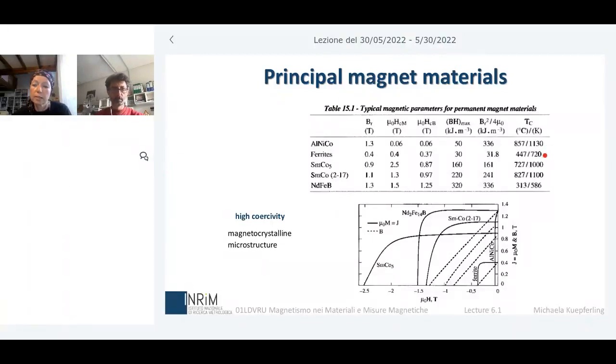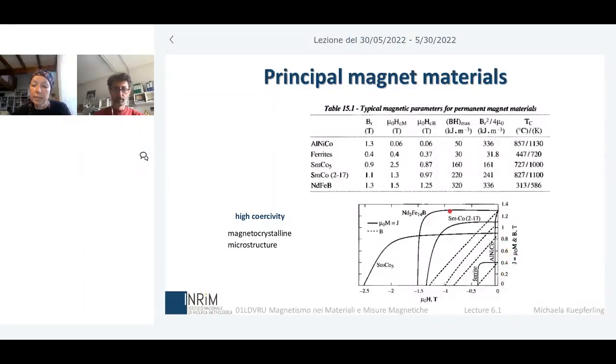It's much, much higher, and it's as high as for samarium cobalt, for example. So if you have to go to high temperatures, then you might be forced to use a material which is not performing that well, but which resists the high temperatures. Instead, for example, neodymium iron boron is among the materials which resist high temperatures less.